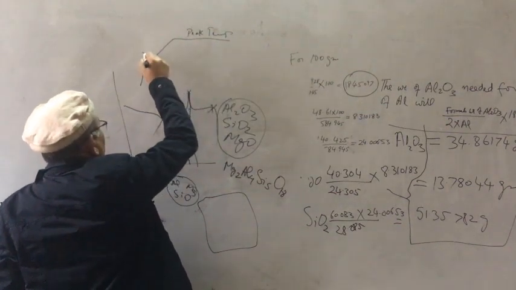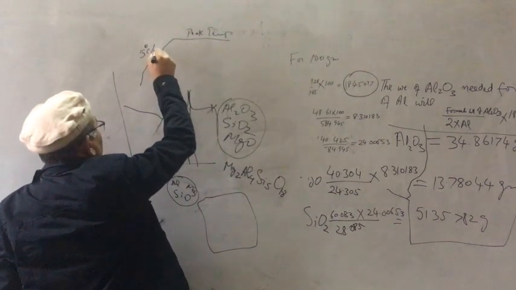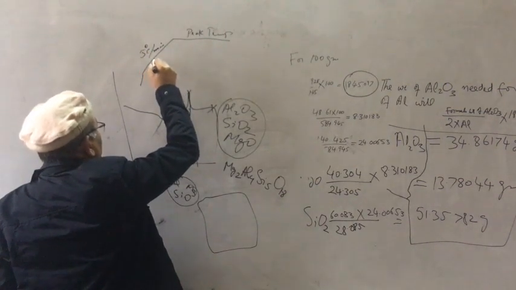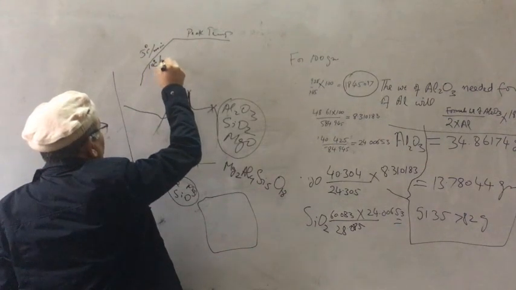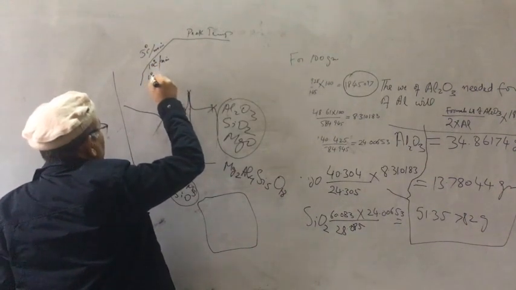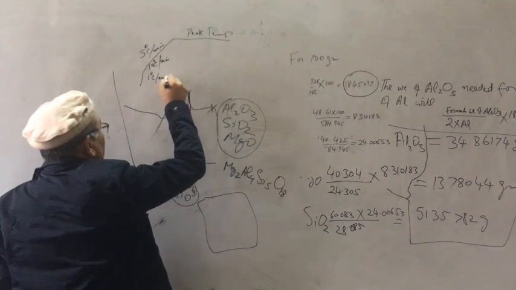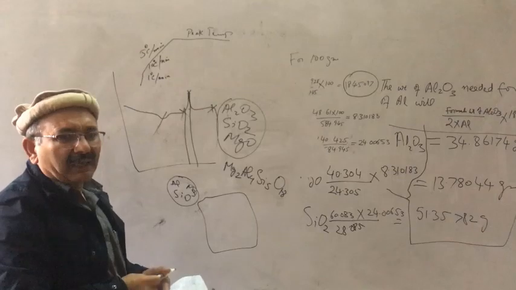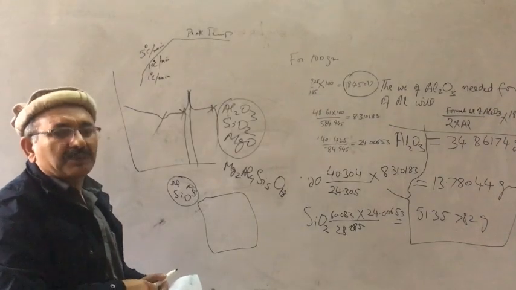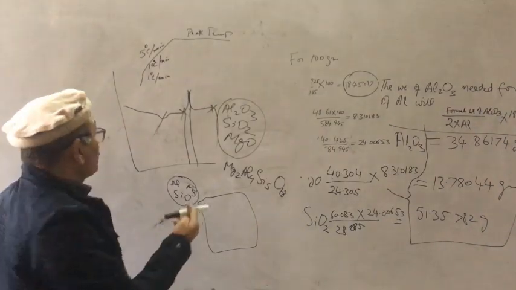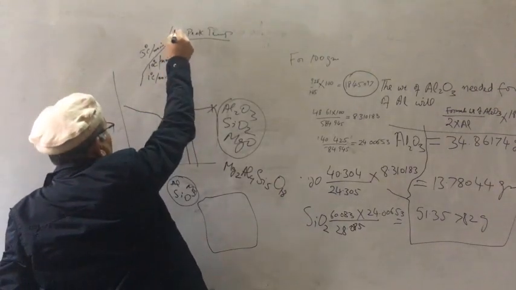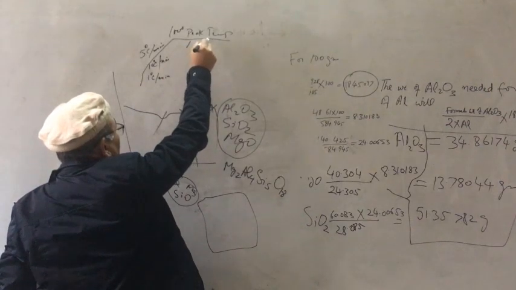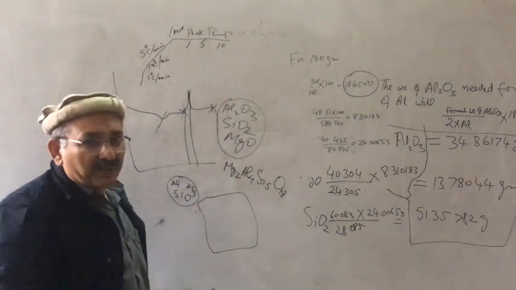The heating rate is, for example, 5 degrees Celsius per minute, 10 degrees Celsius per minute, or 1 degree Celsius per minute, depending upon the material you are using and how sensitive it is to the heating or cooling rate. Once you have taken it to the peak temperature, for example 1000, you keep it there for 1 hour, 5 hours, 10 hours. This is your choice.